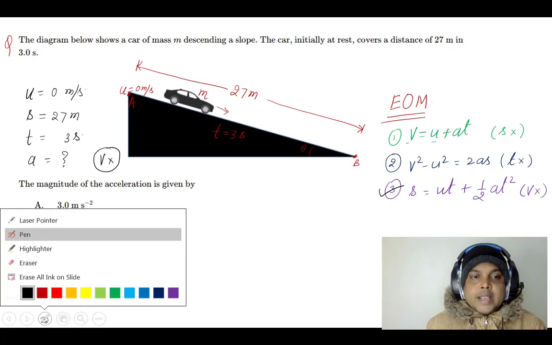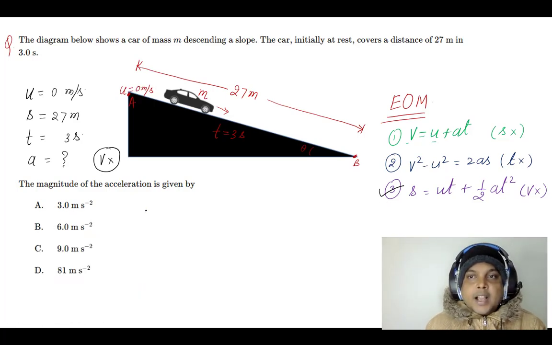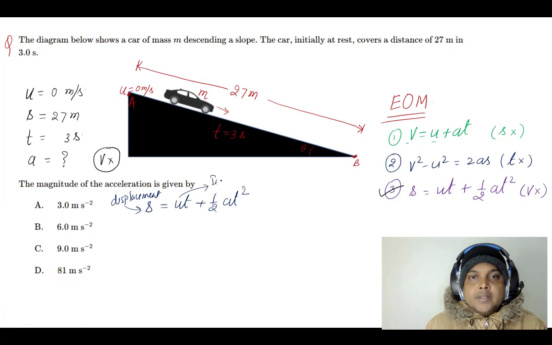We are going to use s = ut + ½at², where s is displacement, u is initial velocity, t is the total time taken in the journey, and a has the usual meaning, that is, acceleration.